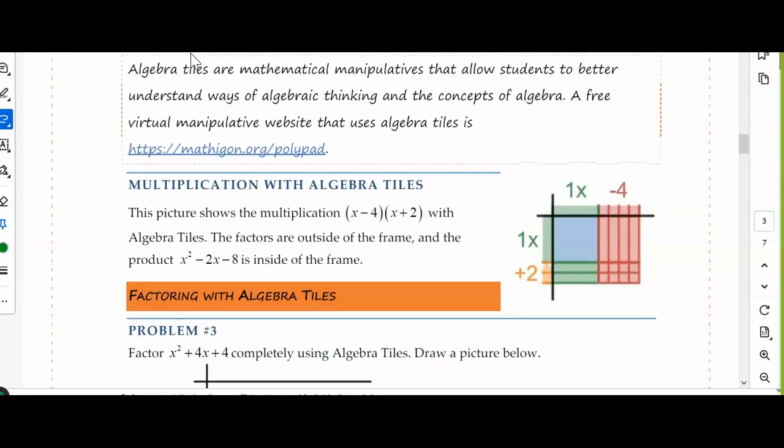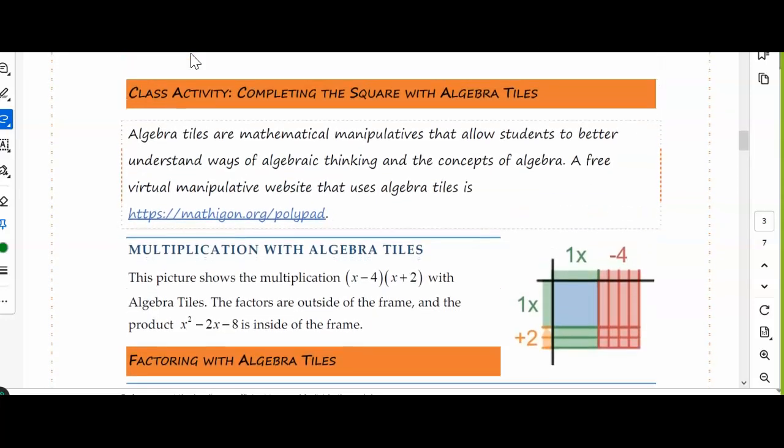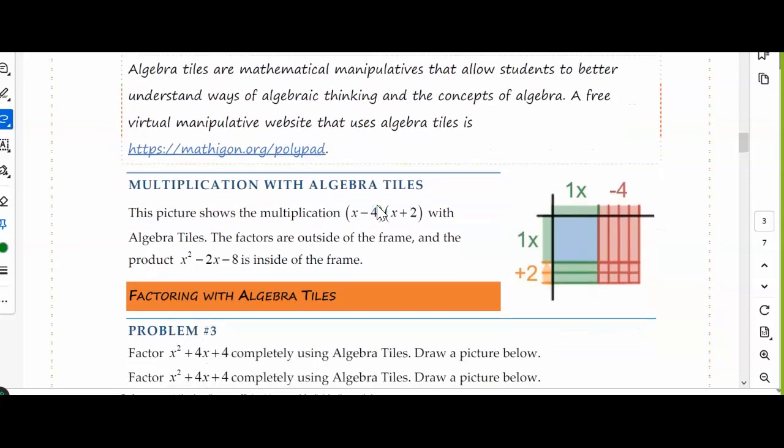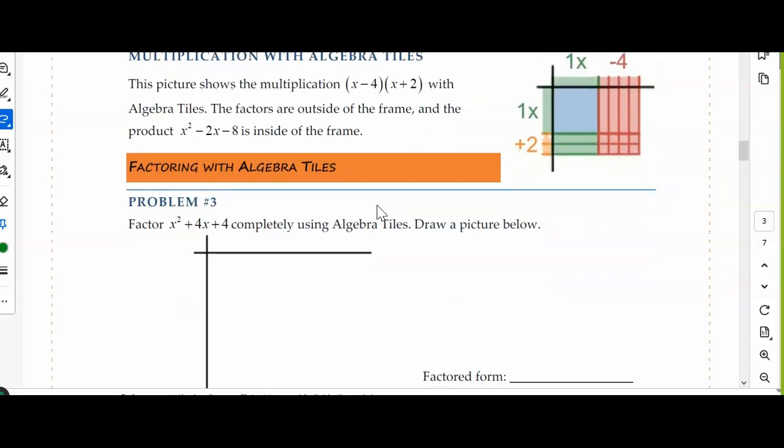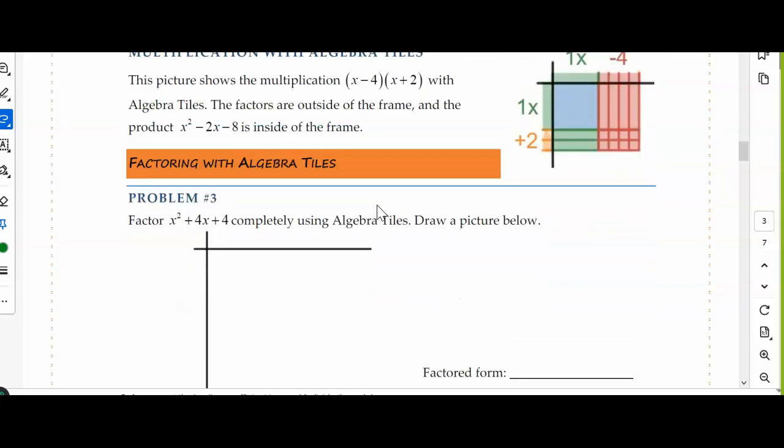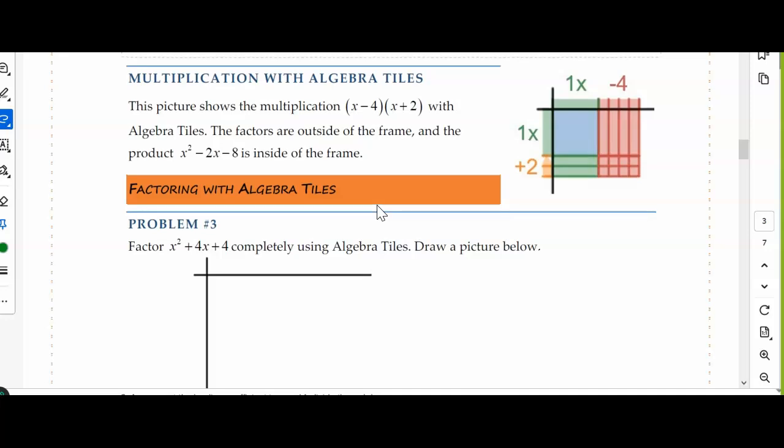Now, this is kind of the idea of what we're going to be doing with completing the square. I have this activity here that I think would be really good for you to work through. I don't really have time today to go through it, but I'm going to post a video with the recording that I have.